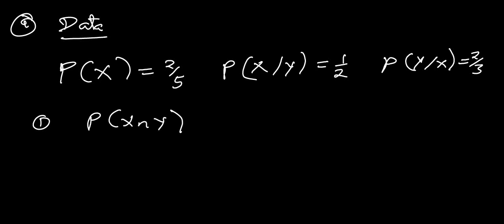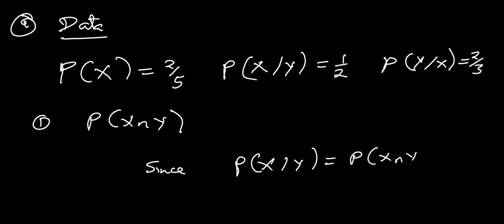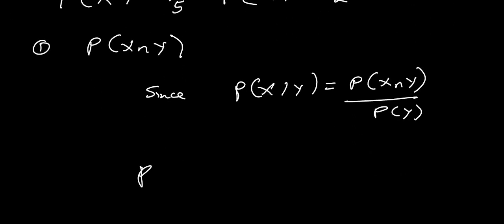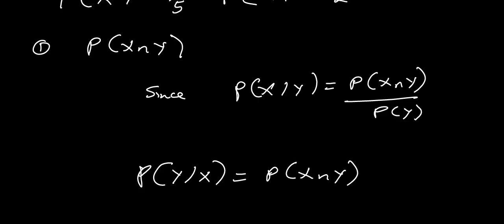This is pretty straightforward. Since the probability of X given Y is equal to the probability of X intersection Y over the probability of Y, and we don't know the probability of Y. But we do know the probability of Y given X is equal to the same intersection, because Y intersection X is the same as X intersection Y, right?